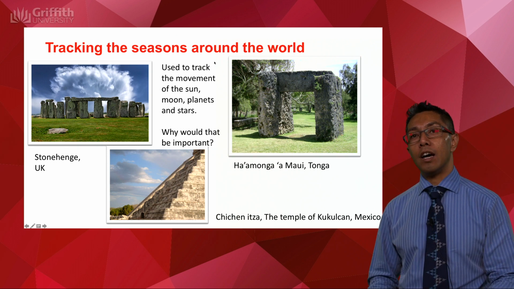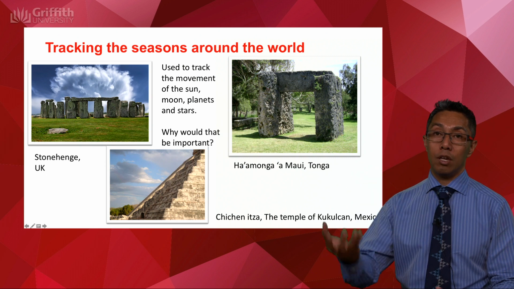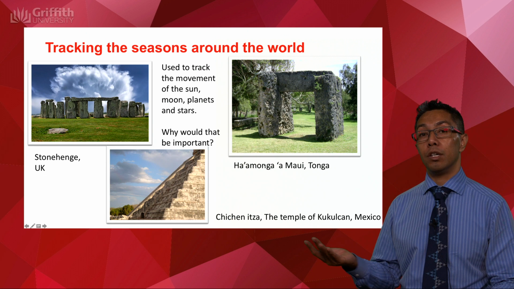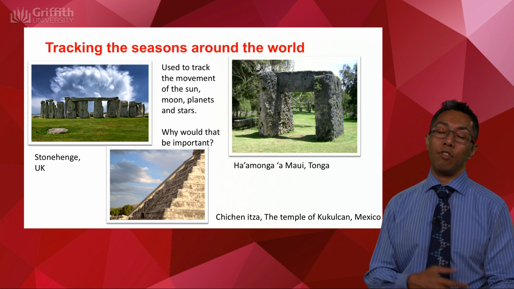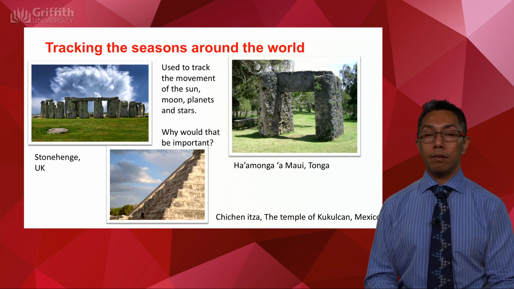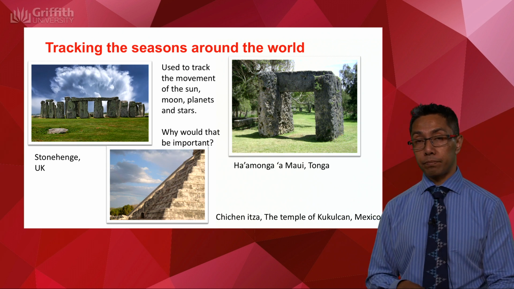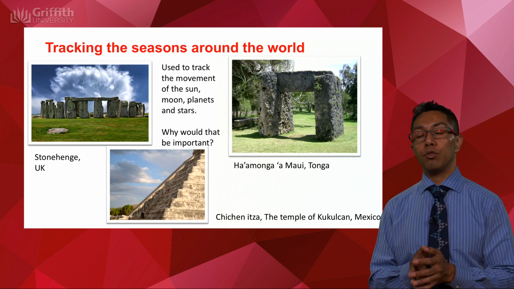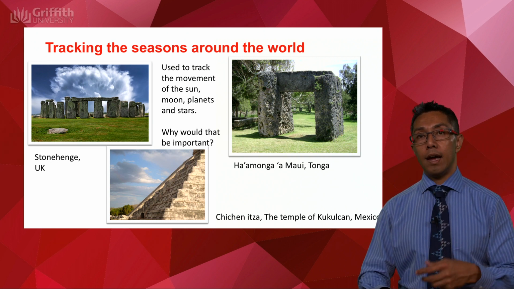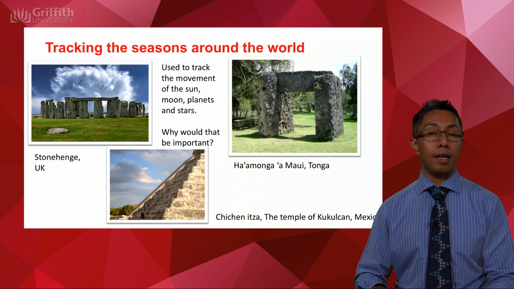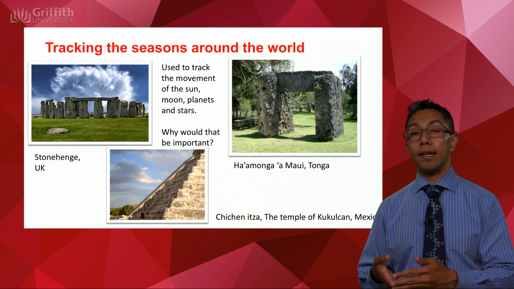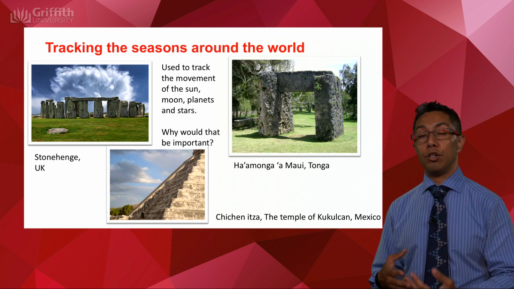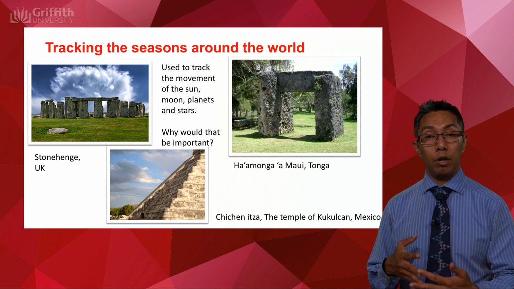Now, the Ha'amonga Maui, which literally translates to the yoke of Maui, is a structure which can be found in Tonga. Now, for a long time, we didn't really know what it was, but further investigation revealed it probably had astronomical significance, in the fact that it was actually used to track the equinoxes and solstices, because they were hugely, hugely important to the early Polynesians.